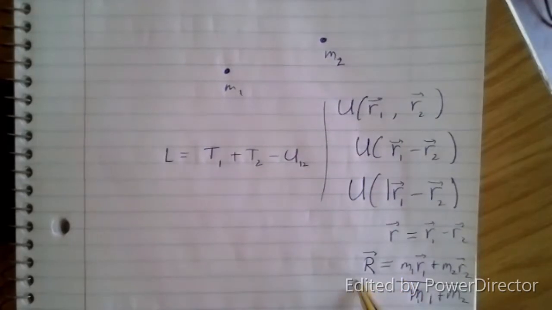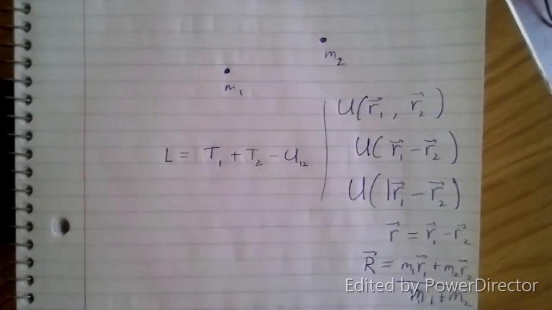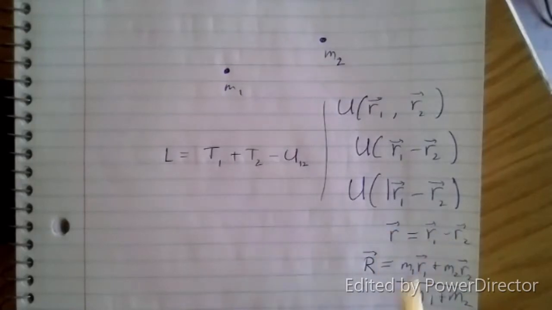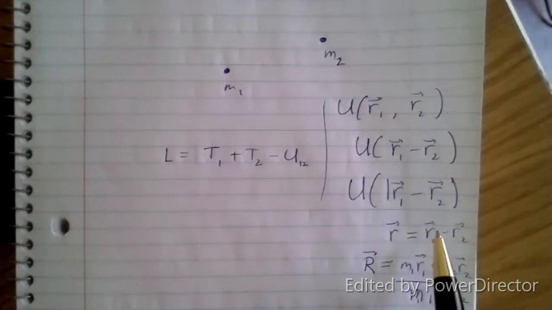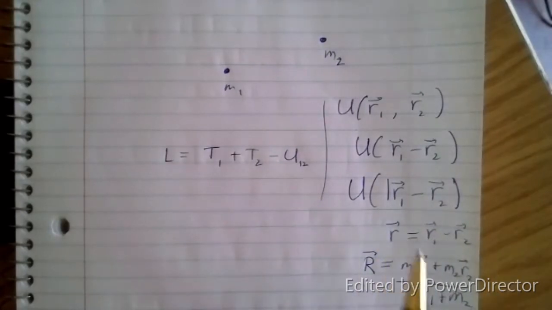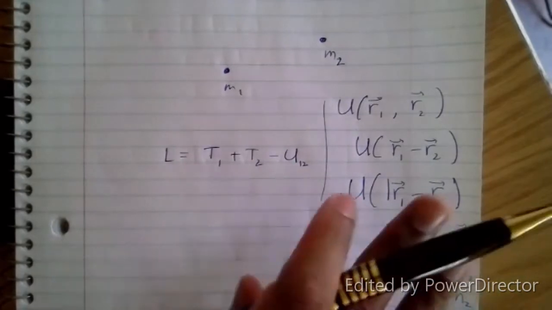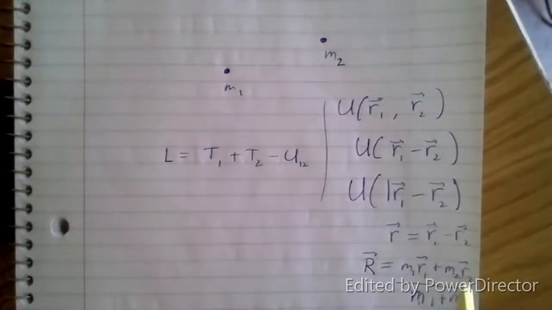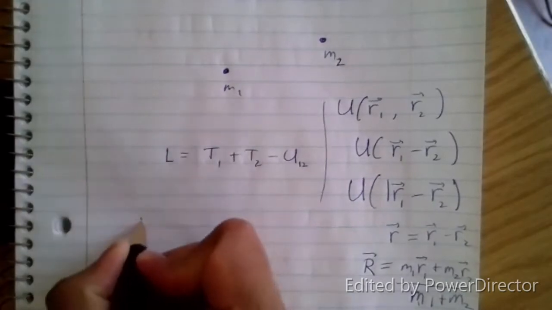If we aren't interested in how the center of mass is moving, we can just focus on the relative separation. So we've gone from 6 to 3 first by not worrying about the center of mass, just looking at the motion of the 2 objects about the center of mass. And then we further reduce it because we realize that we can always make it lie in a plane. And so then that brings us down to 2. So we should be able to describe our system using just 2 variables, which end up conveniently being r and phi.